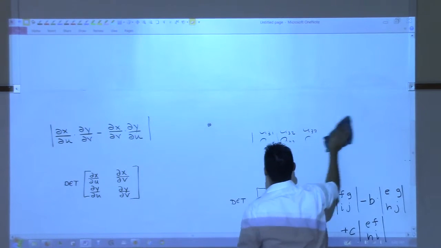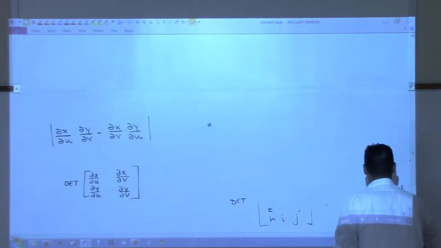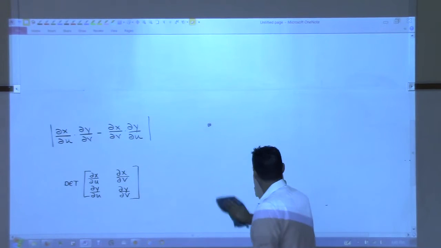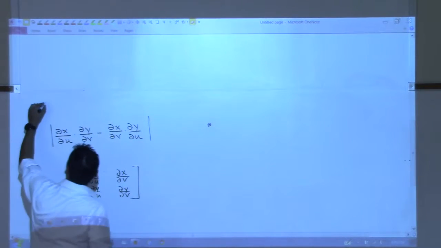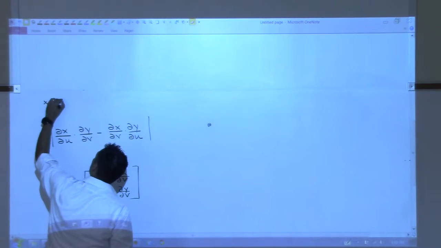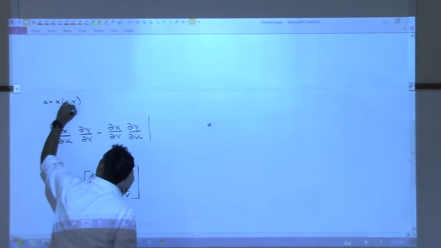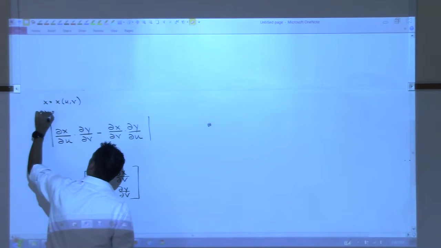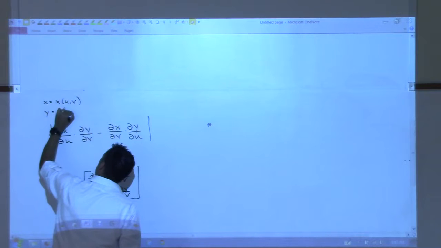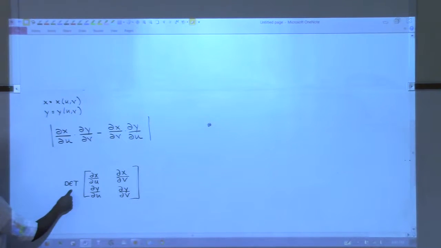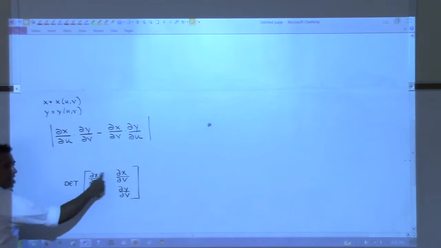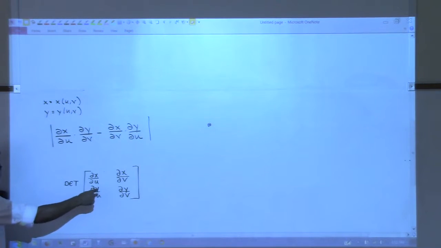All right, now with all that said, and going back to this idea right here, when we made our change of variables, x became a function of u and v, y became a function of u and v, then what we wound up doing was taking the determinant of this thing. That's what the Jacobian determinant we had to stick into the integral was.